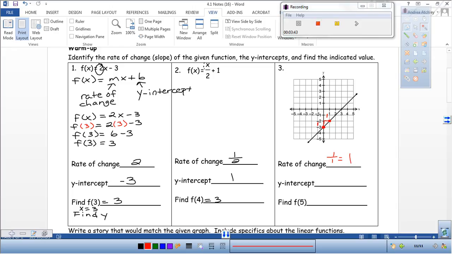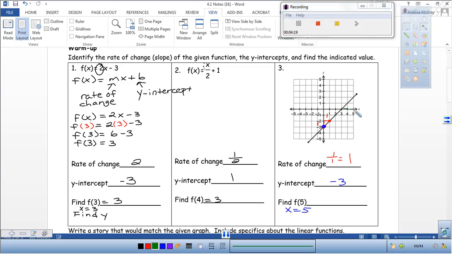Okay. So what is the y-intercept here? Very good. It crosses the y-axis right here at negative 3. Okay. And then if we find f of 5, again we're just going to go to where x equals 5.